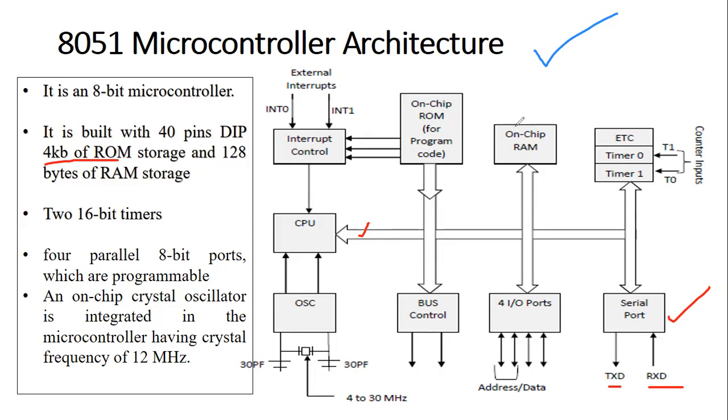So this is inbuilt memory in 8051 microcontroller. As I started with the introduction and features of 8051 microcontroller, the first line that I introduced is that this is an 8-bit microcontroller having 40 pins.